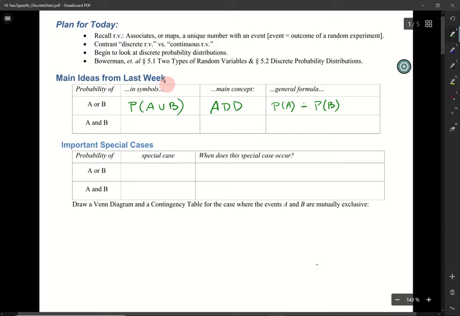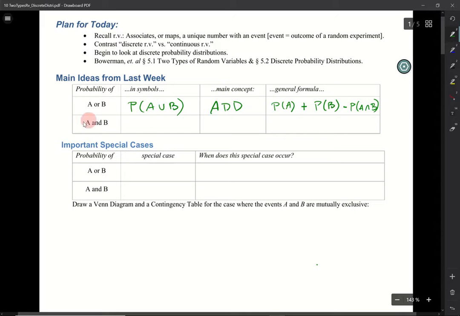In general, the answer is no, because there could be some intersection between A and B. So when you add probability of A, that includes the intersection with B, and then when you include this probability of B, that also includes the intersection with A, and so you actually have this intersection there twice, and so you have to make sure that you subtract one copy of it and leave one copy back.